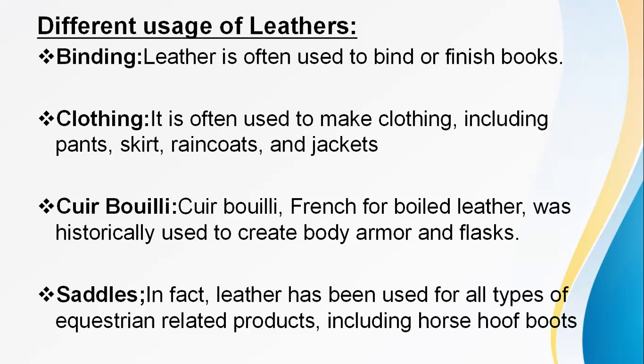Quilt, boli, French for boiled leather, was historically used to create body armor and flasks. This was used in wars in the past to make armor and flasks. Saddles: leather has been used for all types of equestrian related products, including horse hoof boots.